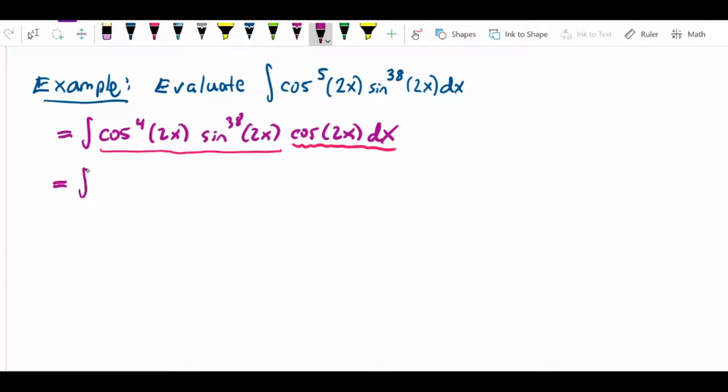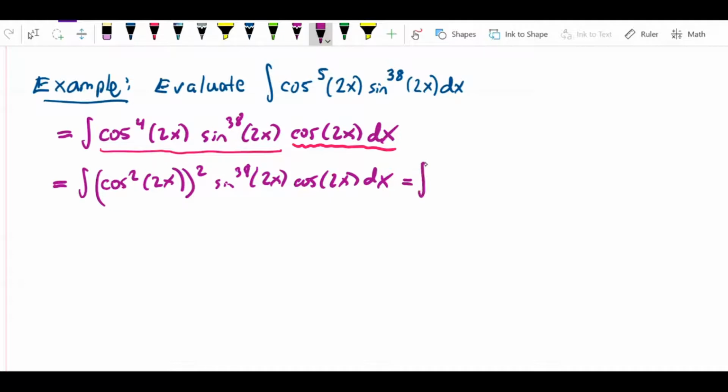Observe that this cosine to the fourth can be rewritten as cosine squared 2x, squared. I'll then keep the sine to the 38th 2x cosine 2x dx. Now let me rewrite that cosine squared 2x. The identity cosine squared plus sine squared equals 1 is very important.